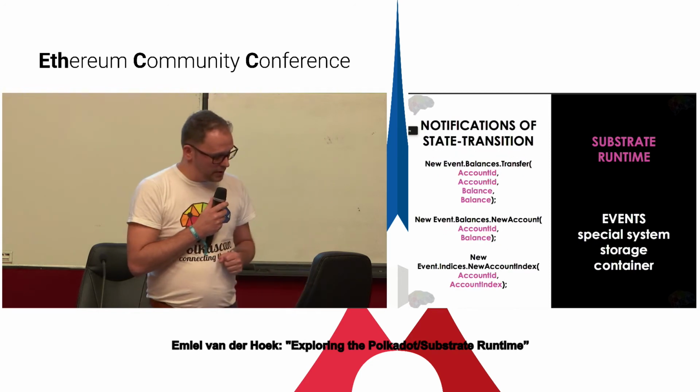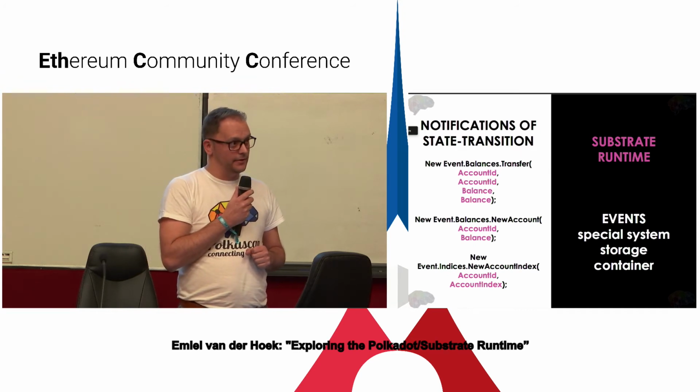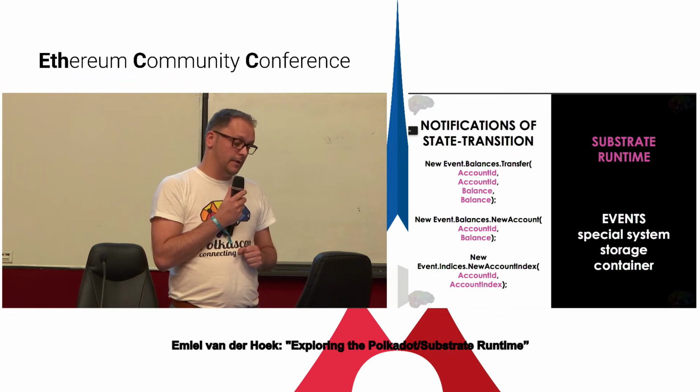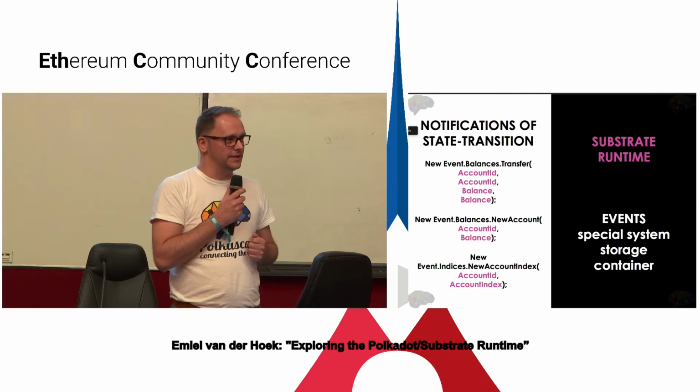Yes, there's one special storage container. It's called events. I guess you could compare that to the logs you have in Ethereum. You can use these as a cheap or effective notification of a state transition if you build the triggers for these events into your runtime.